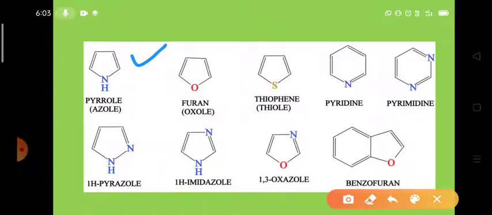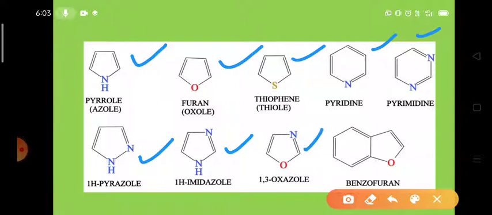These are pyrrole, furan, thiophene, pyridine, pyrimidine, 1H-pyrazole, 1H-imidazole, 1,3-oxazole, and benzofuran. Here, along with carbon atoms, other atoms are also present. So now we can consider them as heterocyclic compounds. These are some general heterocyclic compounds.